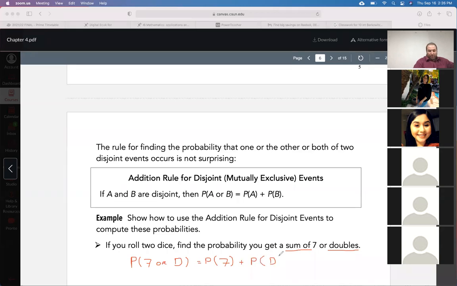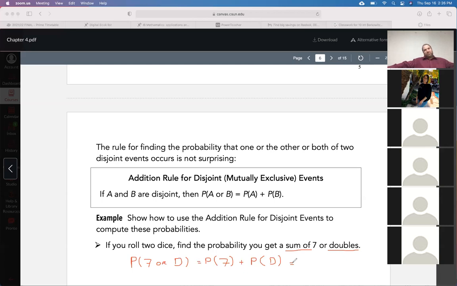Now, what is the probability of getting a 7? How likely is it if I roll 2 dice that I get a 7? 3, would it be out of 12? Well, how many equally likely outcomes are there when you roll 2 dice? 36.